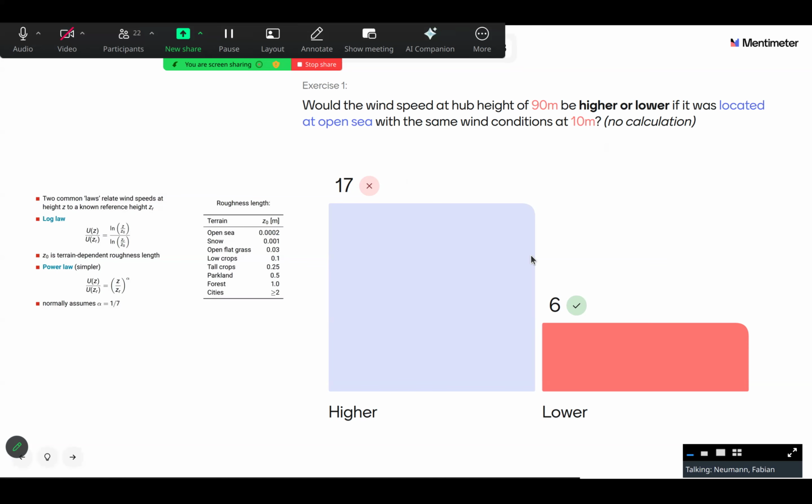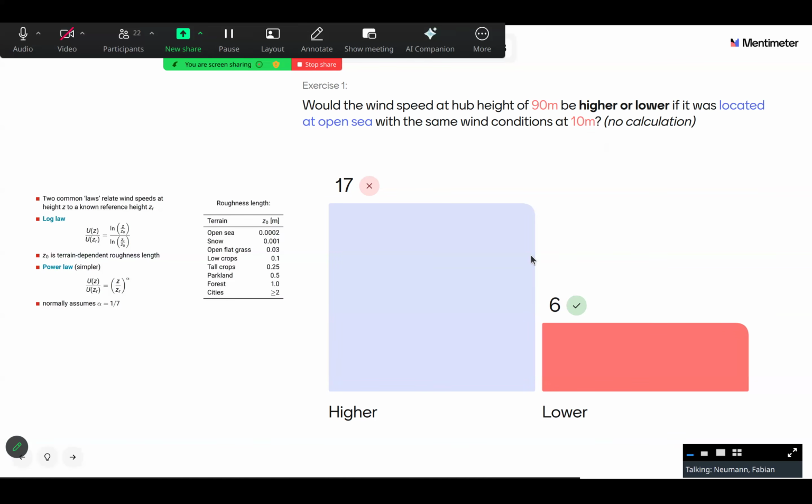So I'll try to explain that. You remember we talked about this braking effect: we have a high braking effect at low heights and almost no braking effect at high heights. Previously we had low cropland, which had a higher braking effect than the open sea.